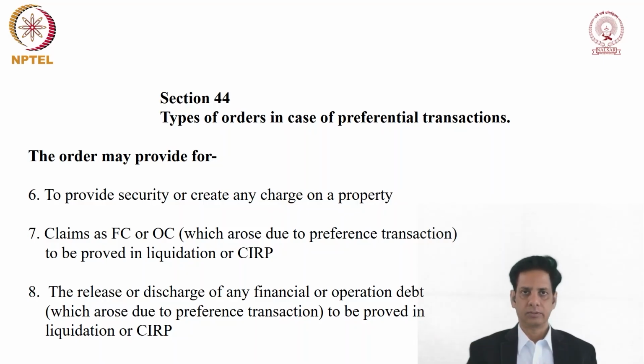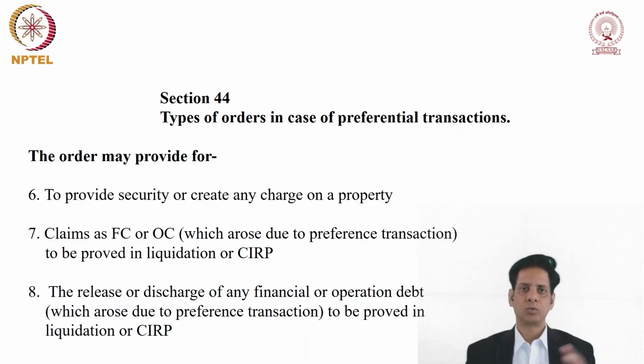If there is a suspicion that there is a preferential transaction, then adjudicatory authority will say that I am setting aside your preference, you prove your claim just like any other creditor and take your money from the RP or liquidator. This is one of the greatest orders that it can pass. And the last one is release or discharge of any financial or operational debt to be proved in liquidation or CIRP. Once it is discharged, now there is no more claim that those parties can make.